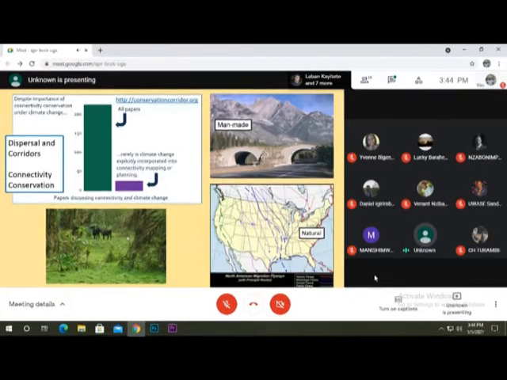dispersal corridors and connectivity. And rarely, if you look at connectivity and devising these connections to keep the necessary habitats connected for animals or plants, is climate change addressed in those. You know, we don't think about that, but it's rarely addressed in those studies.